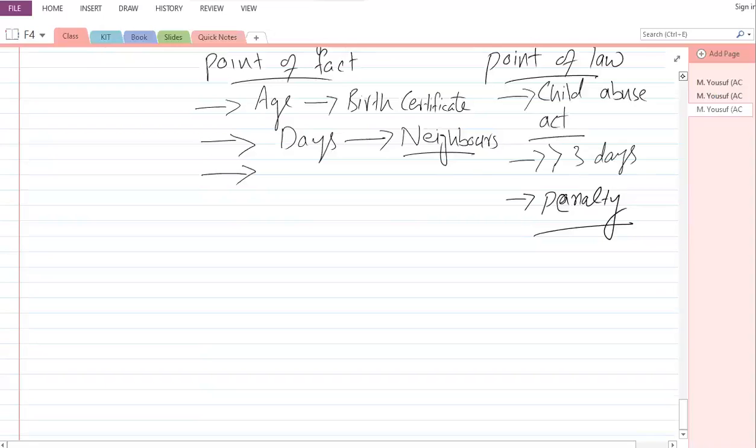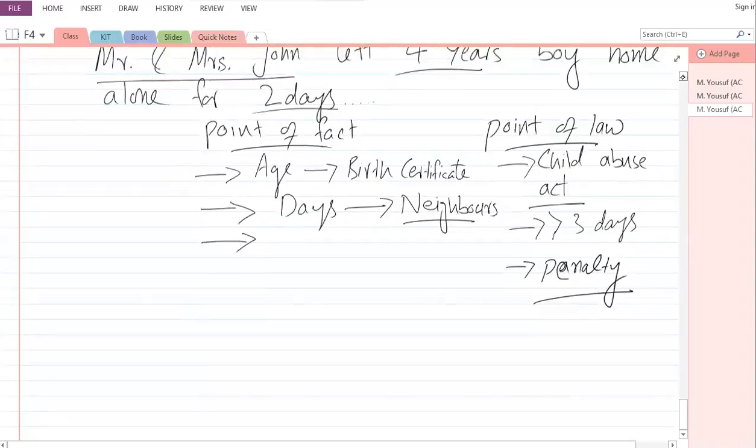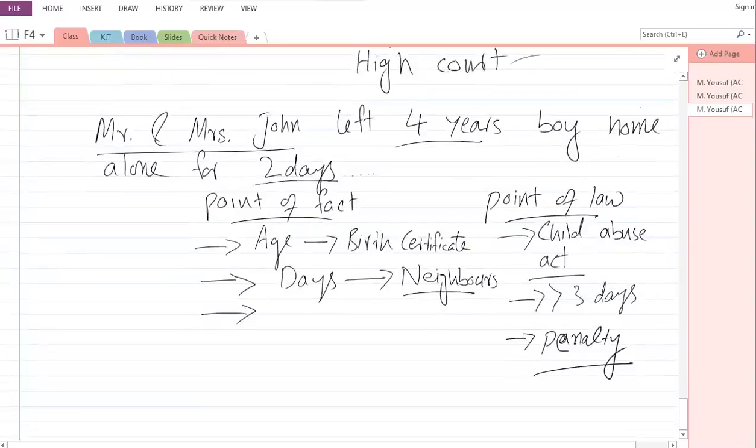So if the verdict of the judge is against the parents in this case, they agree that the facts are right, the age is right according to the birth certificate, and the neighbors are saying, okay, they are right that we left the boy for 2 days. So we have no problem on point of fact, but we have a problem on the application of law. We have been penalized by the court, whereas according to law, we should be free.